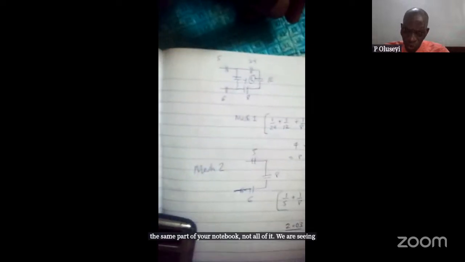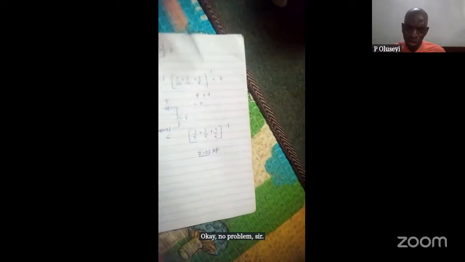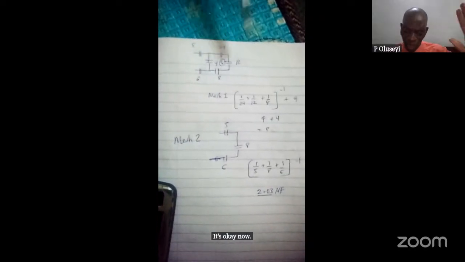We are seeing part of your notebook, not all of it. Yes, quite better. Maintain it like this. You have taken it away again. Okay, this side like this is okay. Stop there.